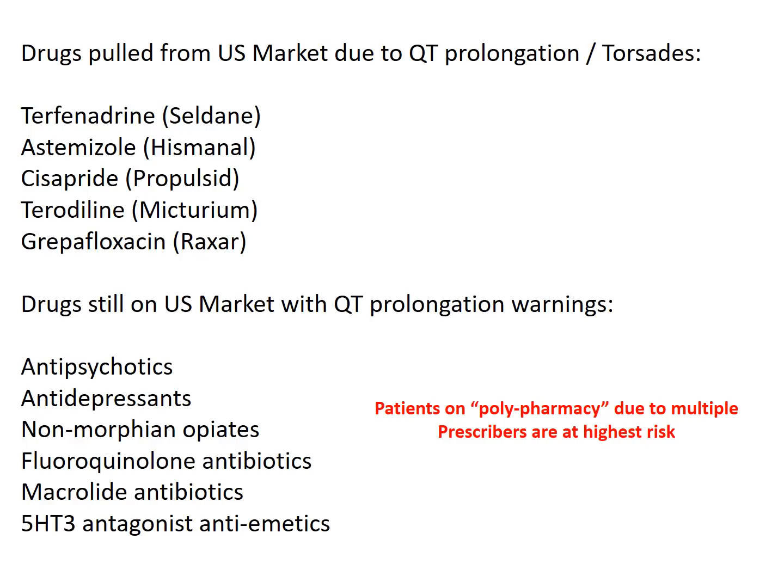And you want to be careful about those warnings. If you're putting drugs into your electronic system like Epic or whatever you're using, and the person's on polypharmacy, and it's picked up that you've now got an individual who may be on 2 or more drugs which have QT prolongation interval warnings, you want to be cognizant of that.